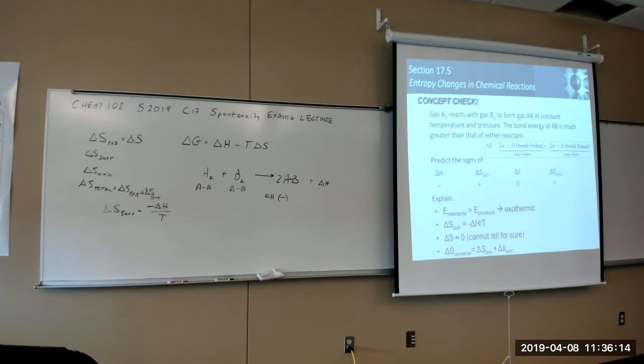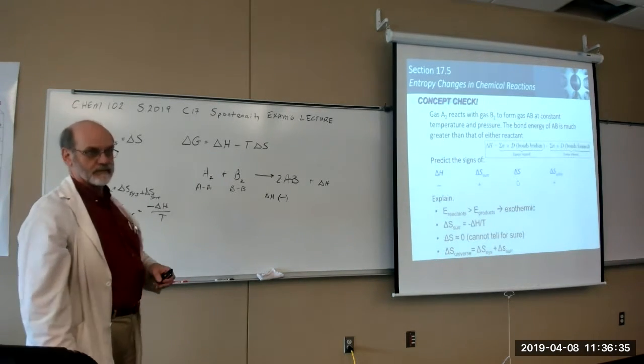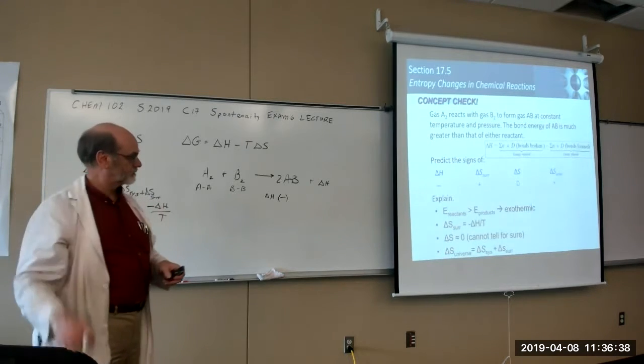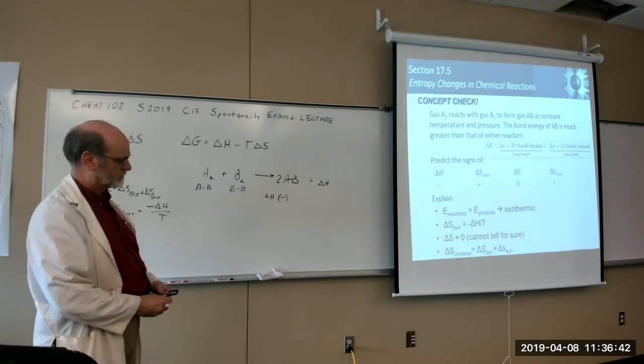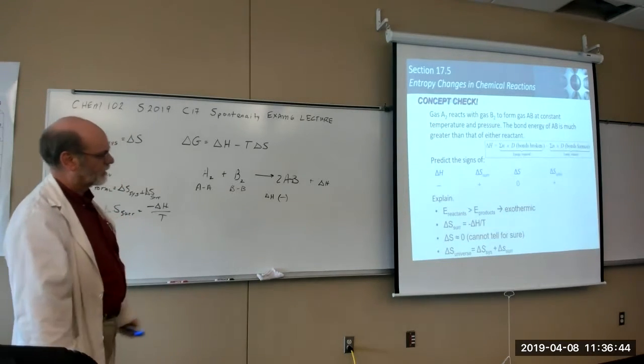Yes, exothermic. We're releasing heat. But the delta H is negative. Right, because heat's leaving the system. It's negative. I can give you a good explanation for that. Okay, that's okay. I can forgive you.